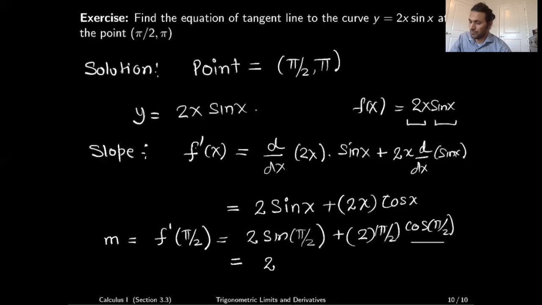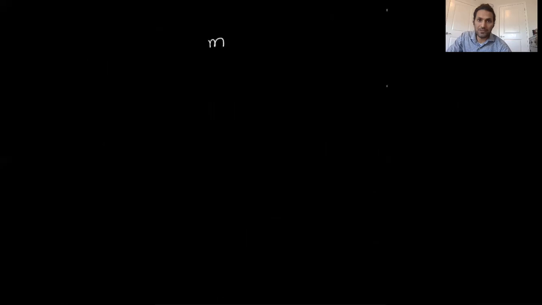Now we will find the equation of the line. We have the slope: the slope of the function is 2, and the point is pi by 2 comma pi. We need to find the equation of the line which passes through this point with slope 2.